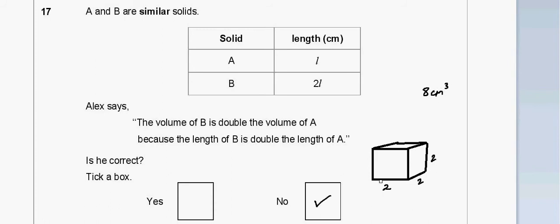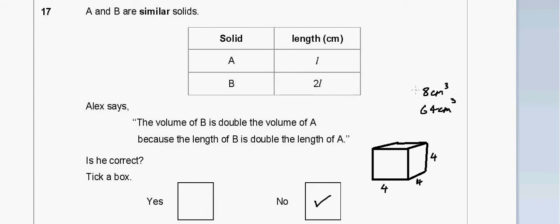Now, if they're similar and the length is twice, so this would be 4, then all other measurements must also be proportional. So this would be 4 and this would be 4. So 4 times 4 is 16, and 4 times 16 is 64 centimetres cubed.